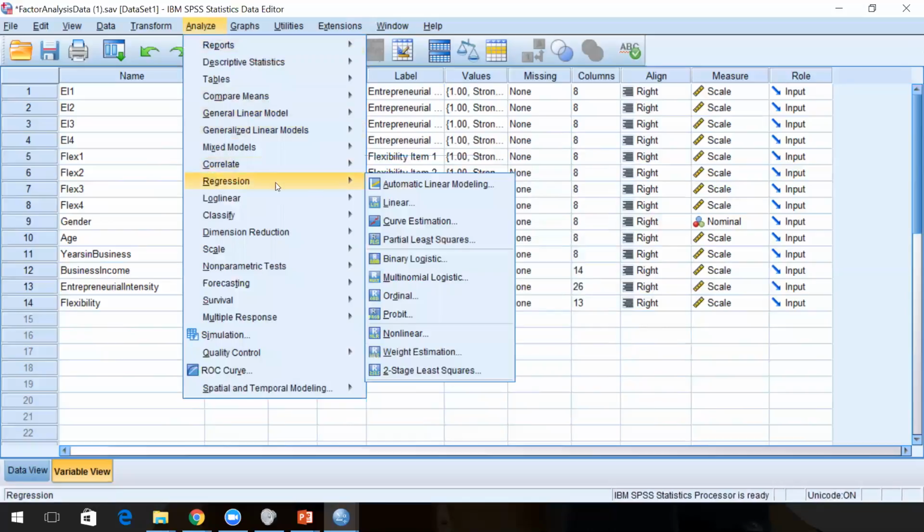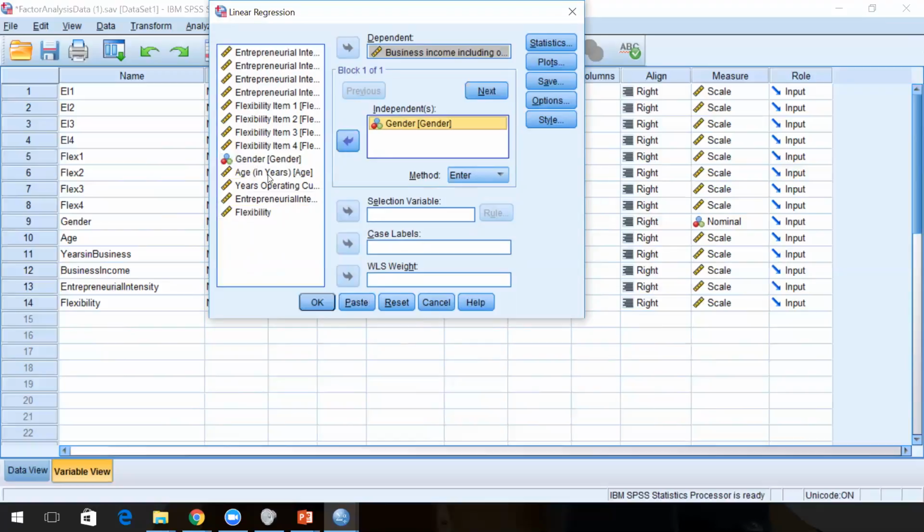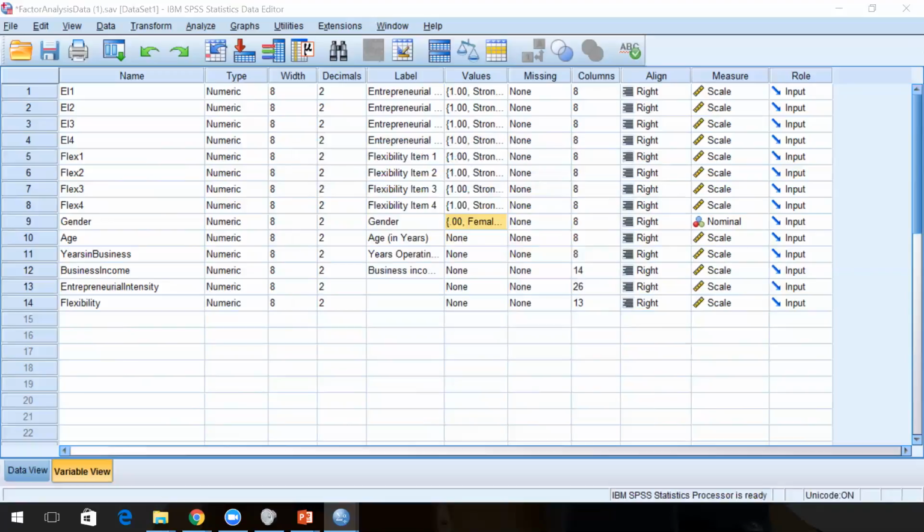All right, so let's run it, regression linear, and we are going to predict, and I actually don't know what's going to happen because I don't think I've run it with the flexibility variable in, but gender, age, years in business, entrepreneurial intensity, flexibility. Yes, I know this video is on factor analysis, but I want to show you why you use factor analysis. It's often a starting point.